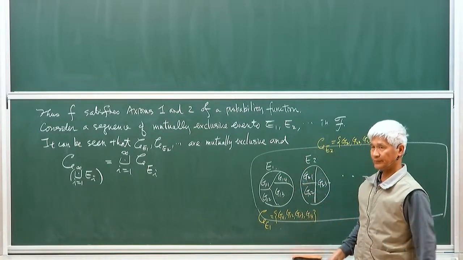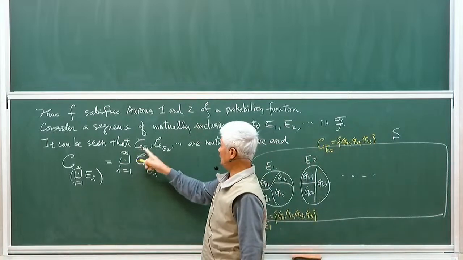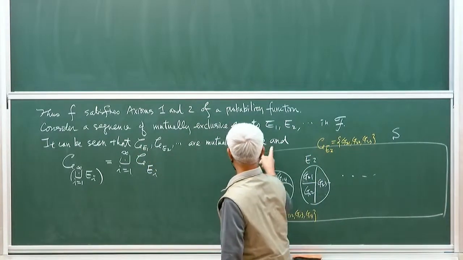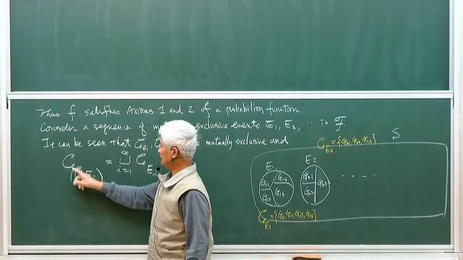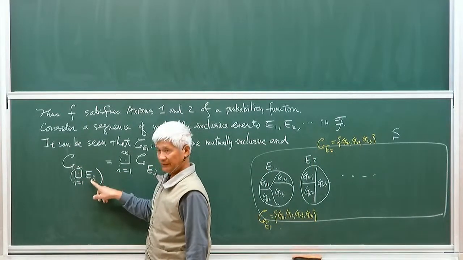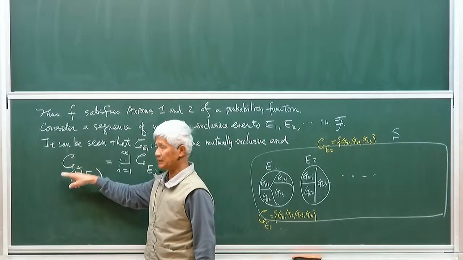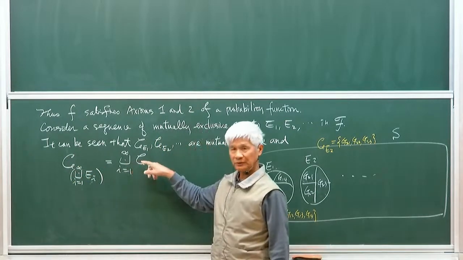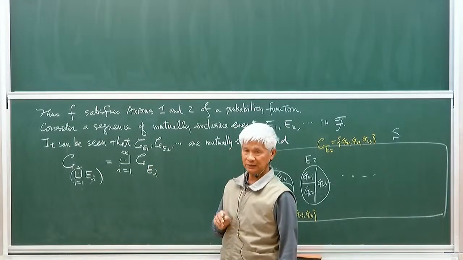So C_{E1} and C_{E2} are mutually exclusive, and if we take the union of the events, then the corresponding collection C would be the disjoint union of the collections C_{E_i}.